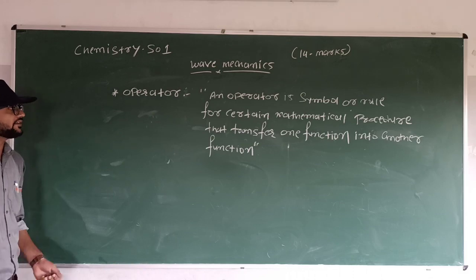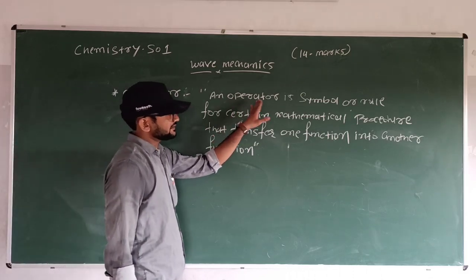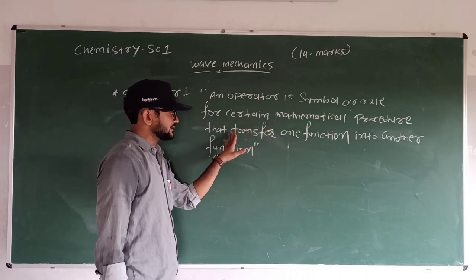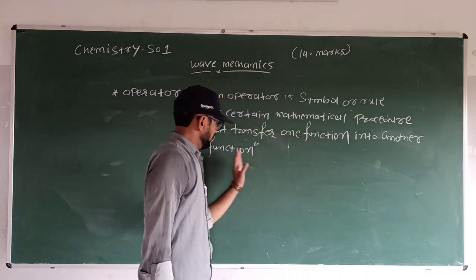So what is the definition of operator? An operator is a symbol or rule for a certain mathematical procedure that transfers one function into another function.